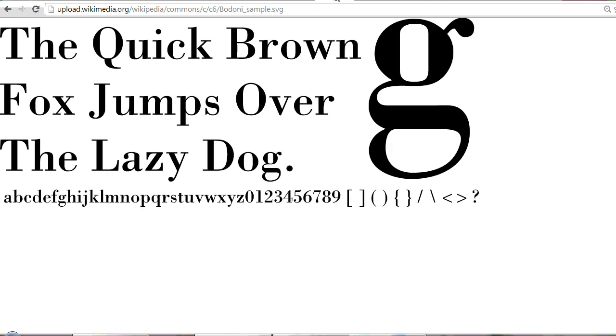Now, moving on to the late 18th century, we get what we call the modern or Didone typefaces, and these tend to have a much more regimented feel to them. They're not as organic. The difference between the thick and the thin lines is much more pronounced.